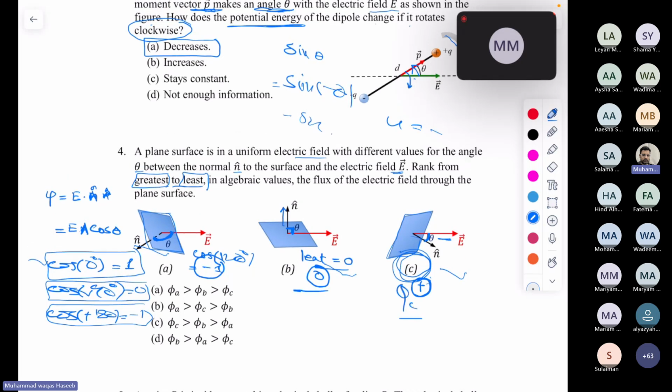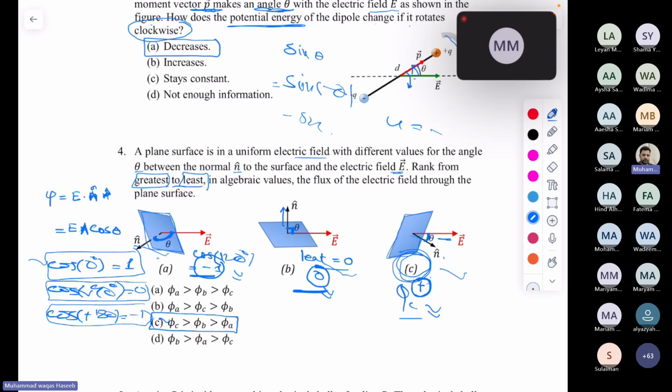Then you have the flux of B, and then you have the flux of A. So the correct option in this situation is flux of C greater than flux of B, and then flux of A, because it is greatest to least. So the correct option is C.